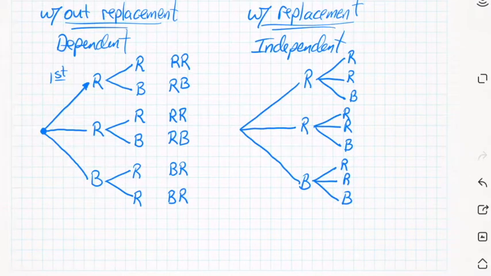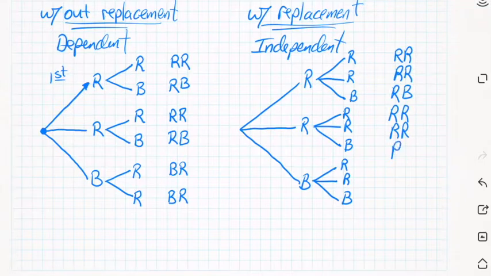And therefore, these outcomes are red red, red red, red blue, and then the same thing again. And then finally, blue red, and then, oh no, that's possible. Blue red, and blue. Put it back in the mix, and blue again.